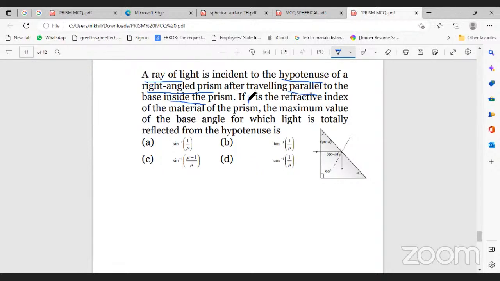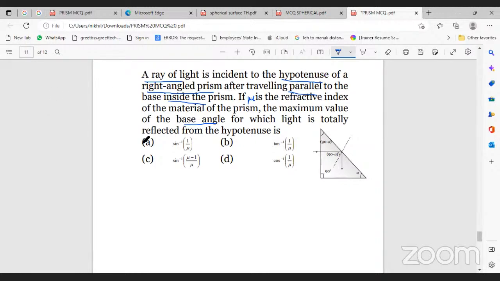Mu is the refractive index. What is the maximum base angle for which light is totally reflected from the hypotenuse? They are expecting you to find alpha.